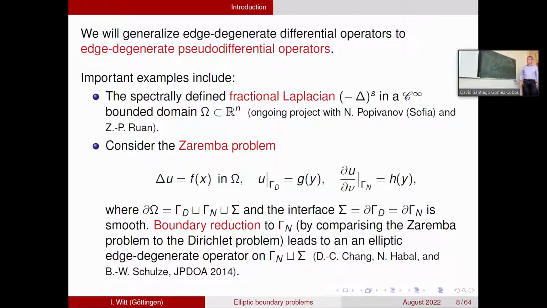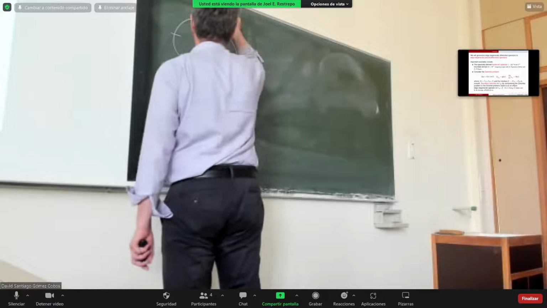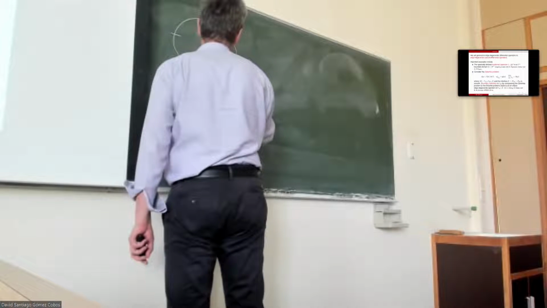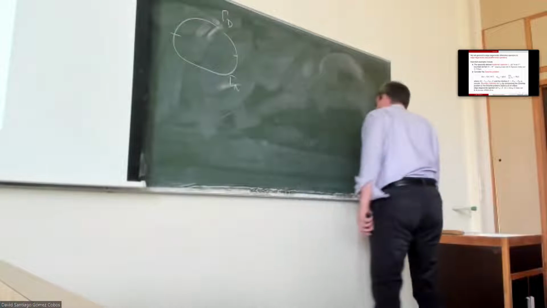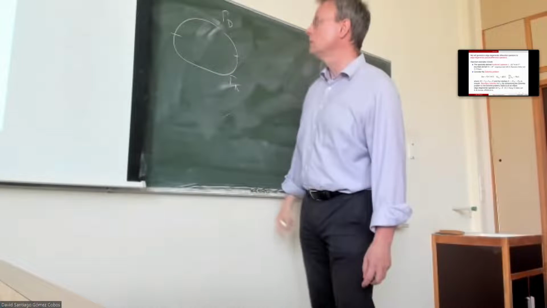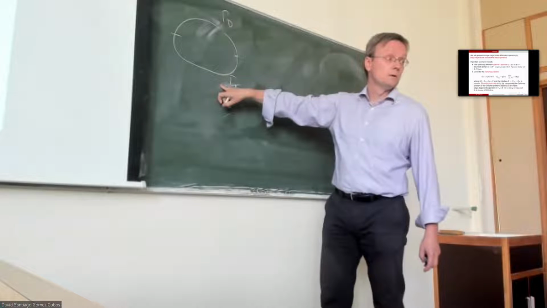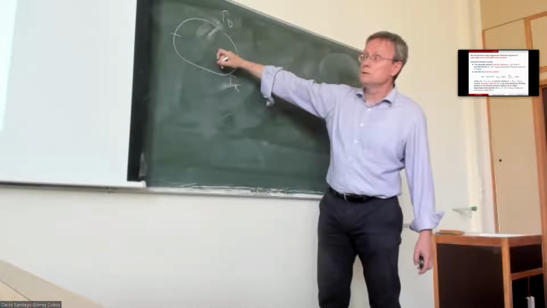And then here's a second example, the Zaremba problem. That is one of these problems which is a benchmark test. You have here our domain omega. We divide the boundary into two parts, separated by a smooth hypersurface in the boundary, and we impose here the Dirichlet condition, here the Neumann condition. Otherwise, say we have the Laplacian inside.